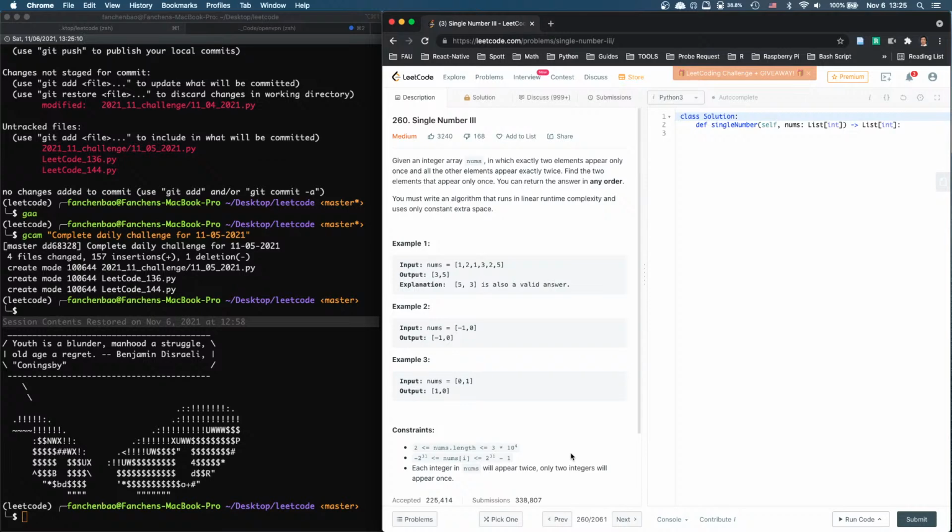Linear runtime. I don't know. It's probably bit manipulation. I think it's bit manipulation again. But how? How do we handle 2?